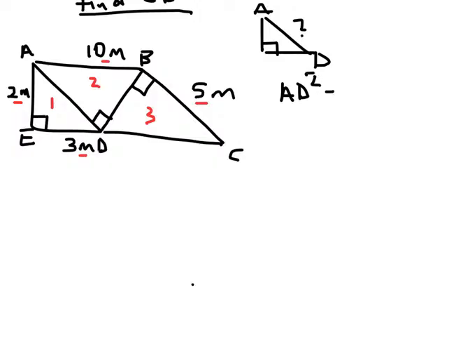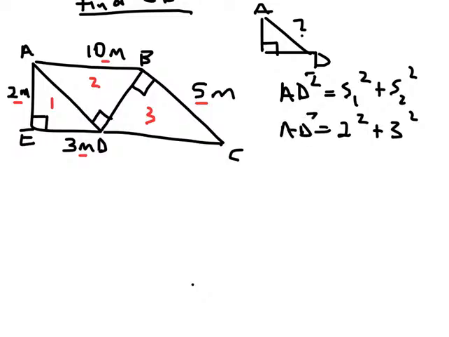So you will say hypotenuse squared equals side 1 squared plus side 2 squared. Side 1 is 2, plus side 2, which is 3, and that is your AD squared. So 2 squared is 4, plus 3 squared is 9, that should be 13. So your AD squared equals 13.